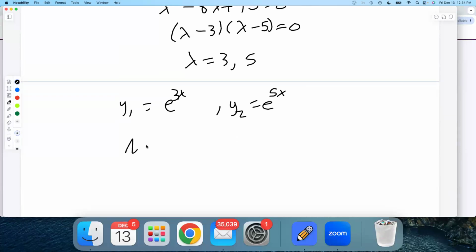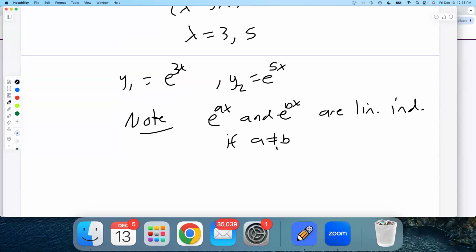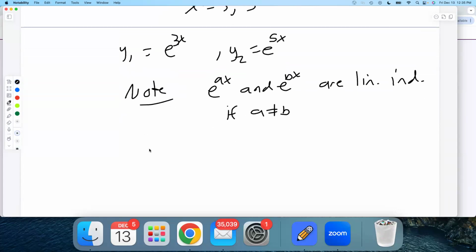So I'll note here, like I'll put it in more general terms. e to the ax and e to the bx are linearly independent. That's the good one, as long as a and b are different. With a second order DE, we only need two linearly independent solutions.